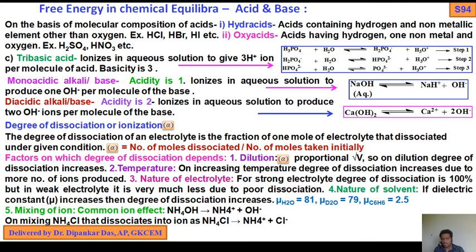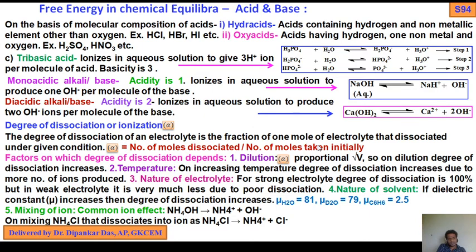As simple, alpha equals the number of moles dissociated divided by the number of moles taken initially. How many moles dissociated by how many moles taken initially.